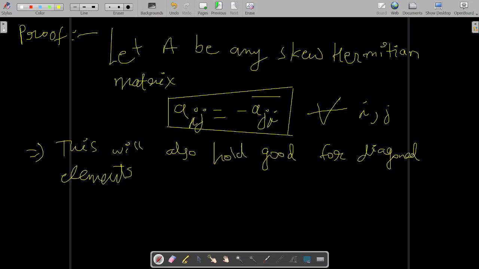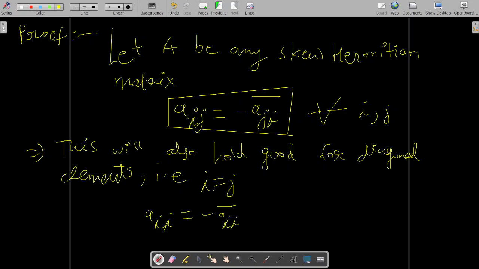So for diagonal elements, that is i equal to j, what will happen? Aii is equal to minus Aii conjugate.